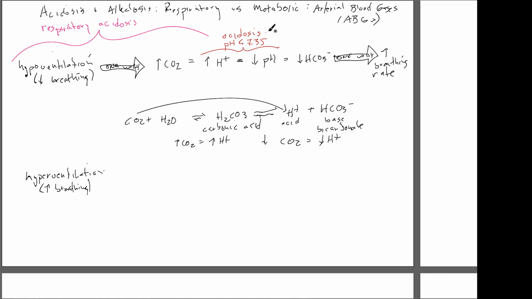You can also get into this with a variety of metabolic causes. Technically, it's called a metabolic acidosis if the cause is anything other than breathing. So you might say, okay, give me some examples. I like to use orange for pathologies.